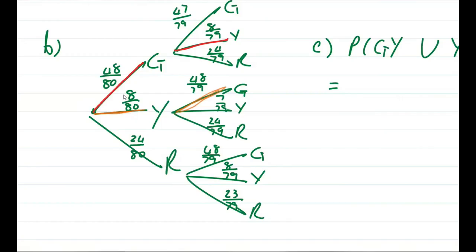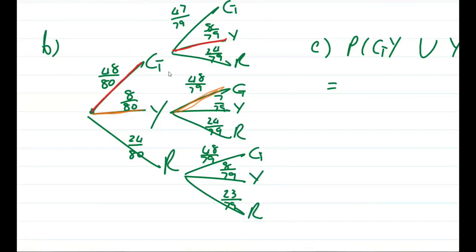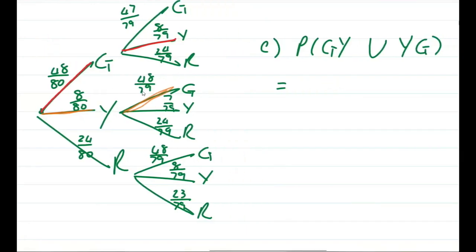Multiply. Perfect. So the first one, we're going to say 48 over 80 times 8 over 79, plus the next one, 8 over 80 times 48 over 79.